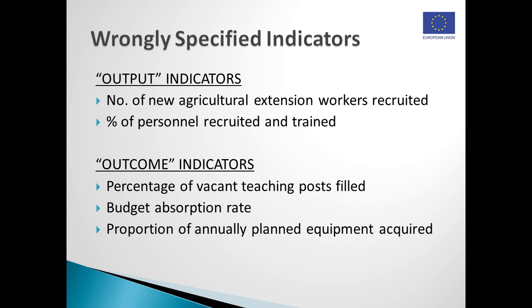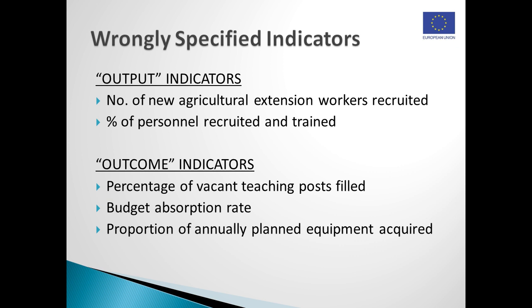Amongst so-called outcome indicators, which are really input indicators, we find, for example, the Education Ministry using the percentage of vacant teaching posts filled. Again, this is about your labour force. We find a number of other ministries using the budget absorption rate, in other words, the percentage of their allocated budget which they've managed to spend during the year. Once again, money is an input. It's not an outcome and it's not even an output.